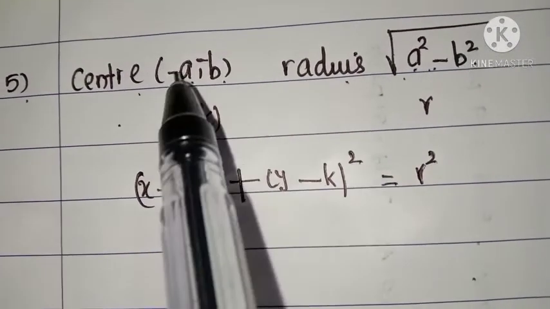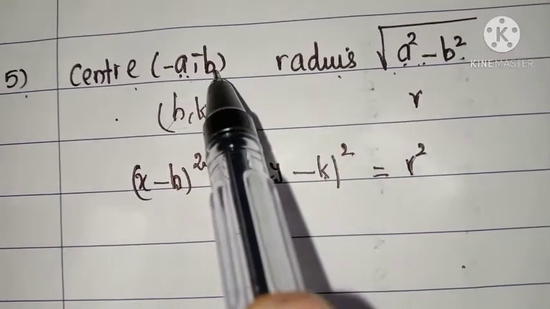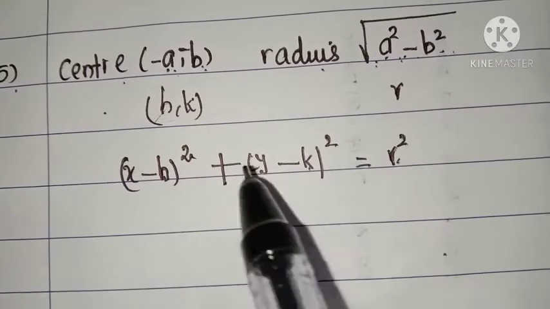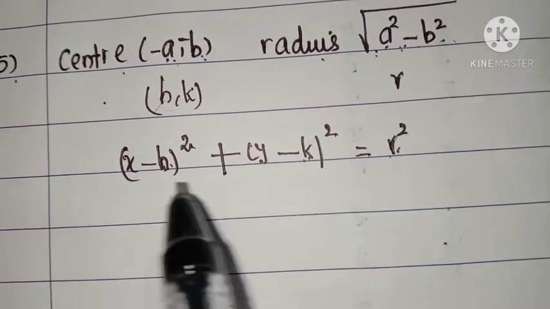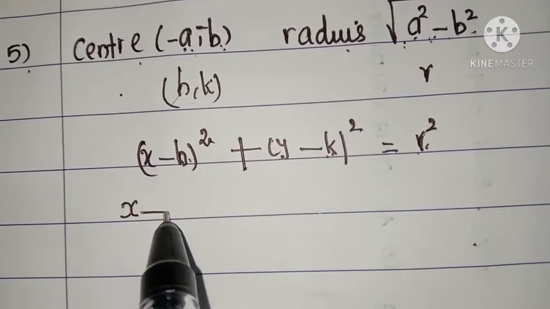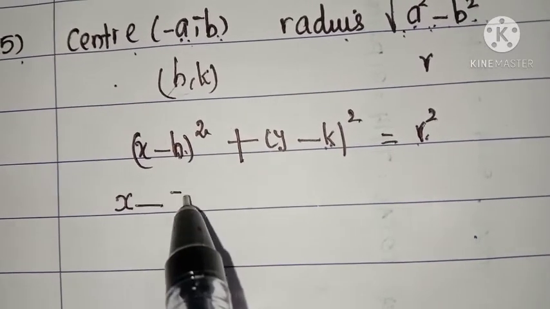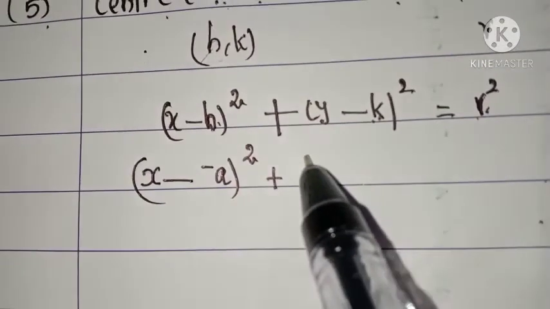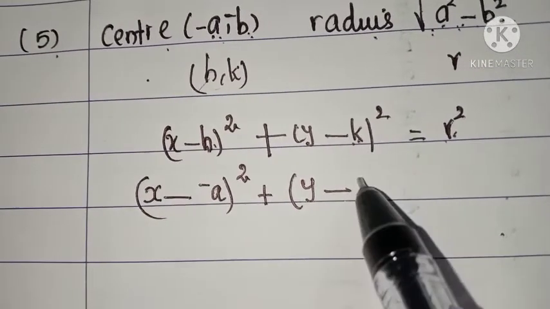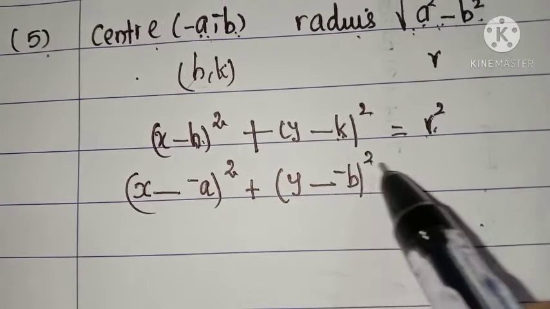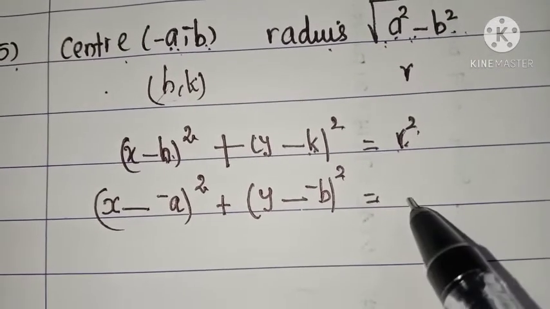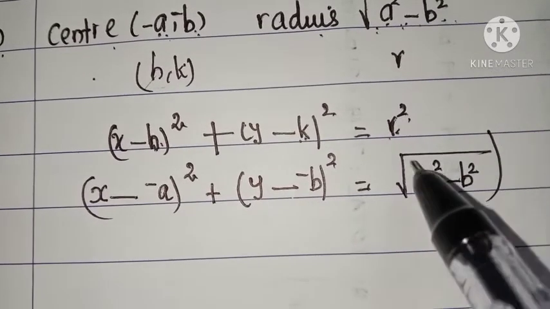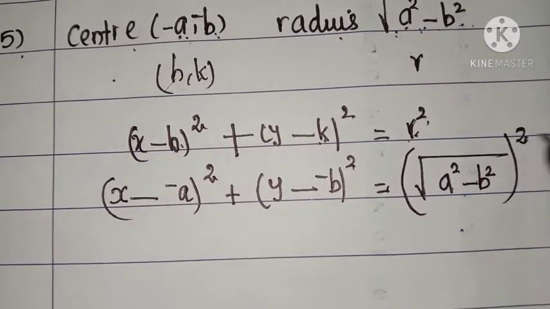Here h is minus a, k is minus b, r is root of a square minus b square. So put these three values. So (x minus h), that is x minus (minus a), whole square plus (y minus k), that is y minus (minus b), whole square equal to r square. r is root of a square minus b square. So r square is the whole square.